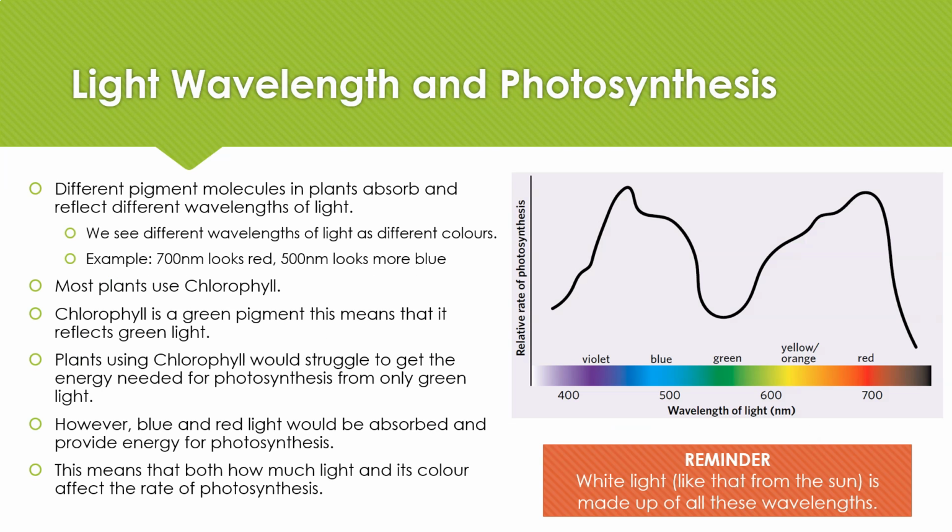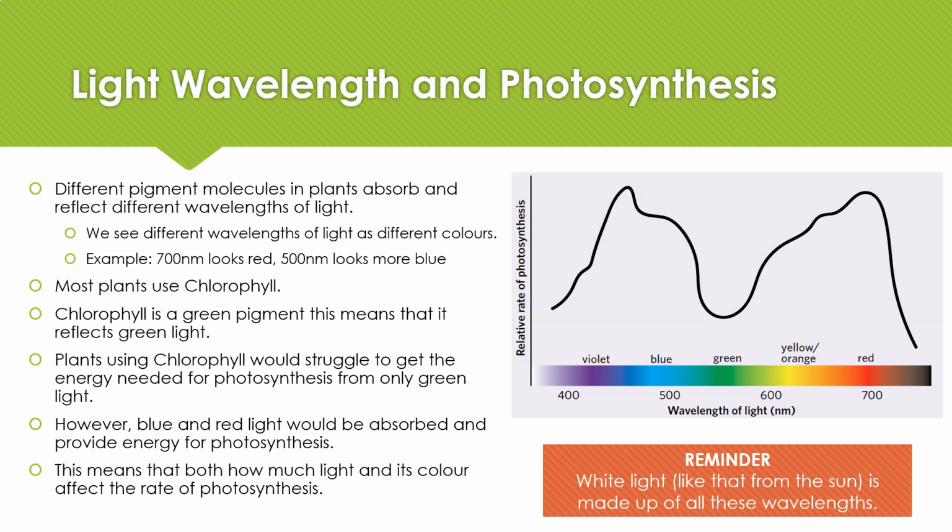Now, it is worth noting that light can affect photosynthesis in 2 different ways. You can talk about the amount of light in terms of the intensity and how much is actually available, but you also need to think about almost like the quality of the light and what wavelengths are actually present. And this goes back to the fact that plants use pigment molecules to help them absorb different wavelengths of light.